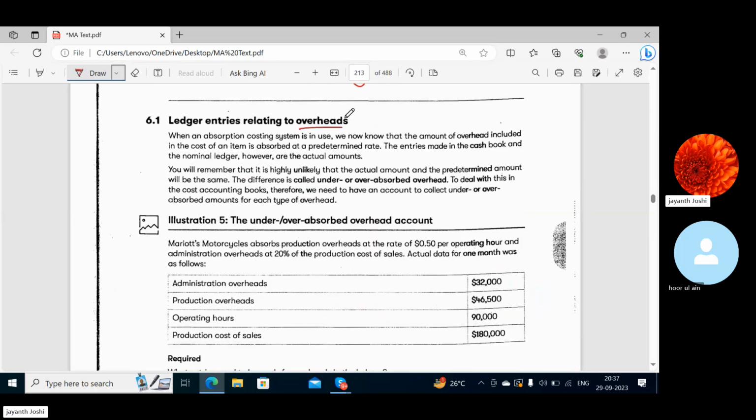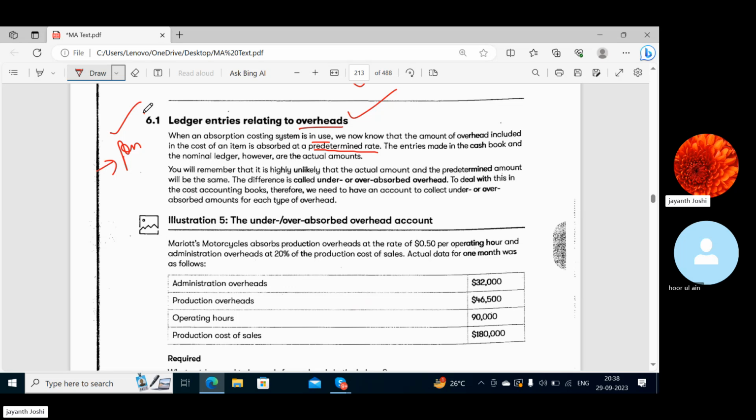Ledger entries relating to overheads. When an absorption costing system is in use, we now know that the amount of overhead included in the cost of an item is absorbed at a predetermined rate. In absorption costing, whenever we calculate the cost of an item, in the sense of one unit of something, suppose I take a pen as an item.